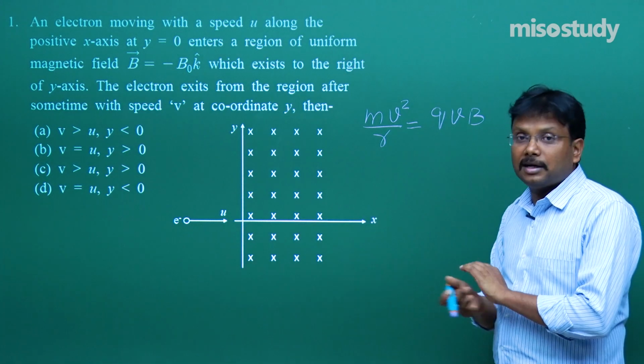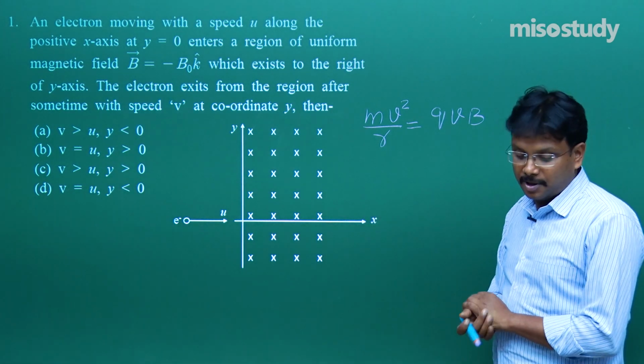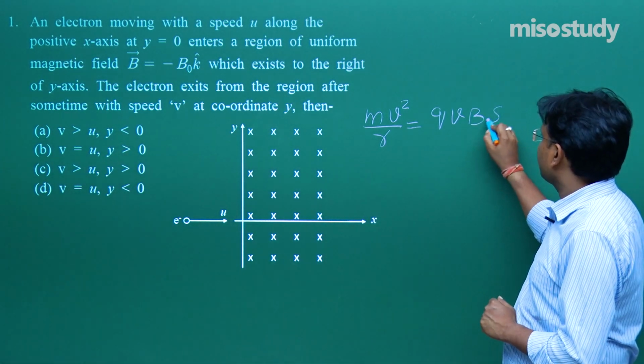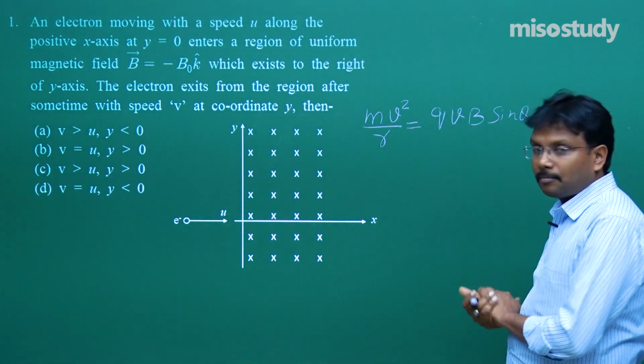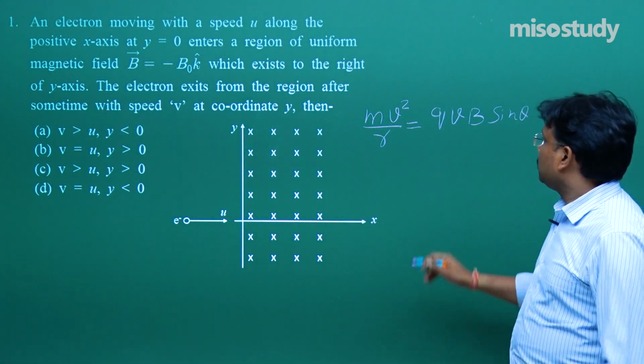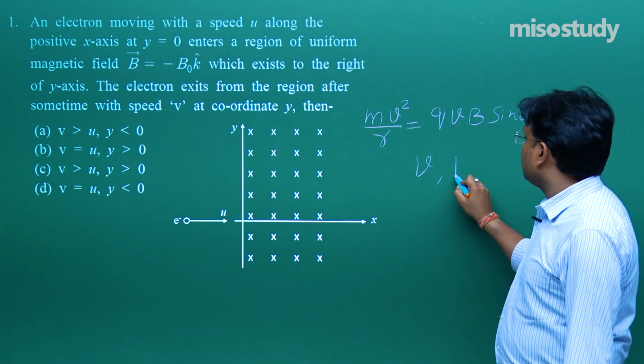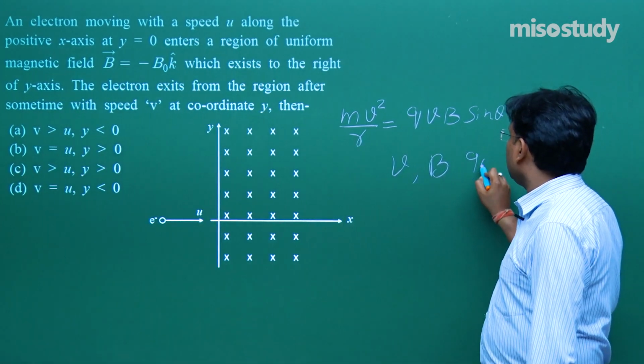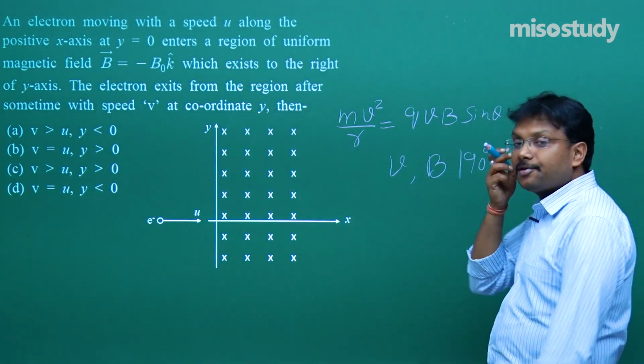This is the ideal condition for F equals qvB, with sin theta also. Now, as you know, the angle between v and B is 90 degrees. So, the path is going to be a circular path. One thing is quite sure.